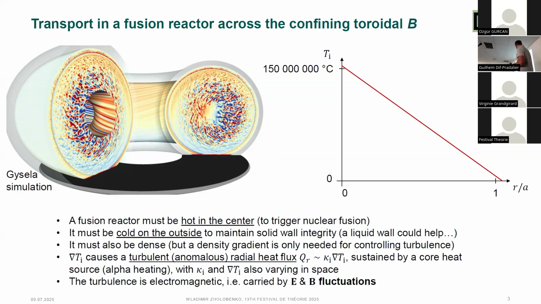So we need at least a temperature gradient. We do not necessarily need a density gradient, but we'd like to have one. If you want to discuss this, we can. And this temperature gradient will drive instabilities, will drive fluctuations in electric and magnetic fields, and this will allow the plasma to escape collectively the confining magnetic field.